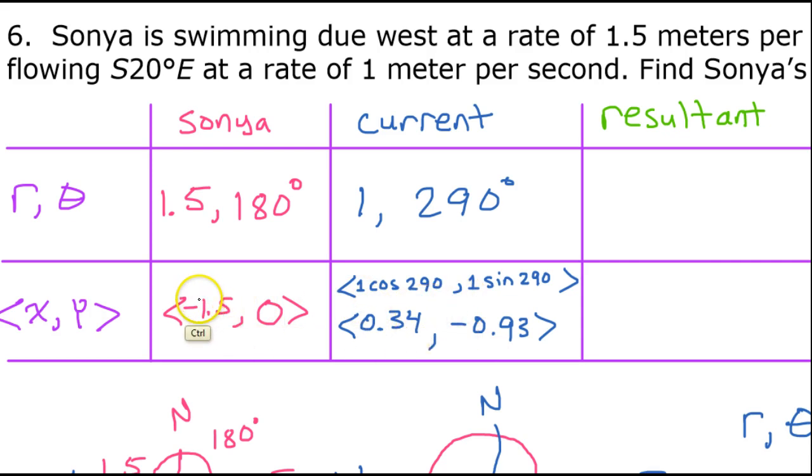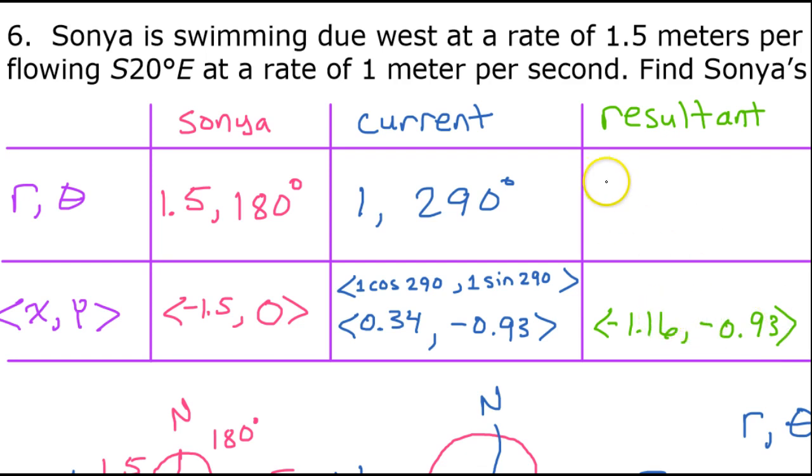So if we do negative 1.5 plus 0.34, we're going to get the horizontal component of the resultant. That gives me negative 1.16. Now, of course, if I add 0 and negative 0.93, that's just going to give me negative 0.93. So now I have the resultant in component form.